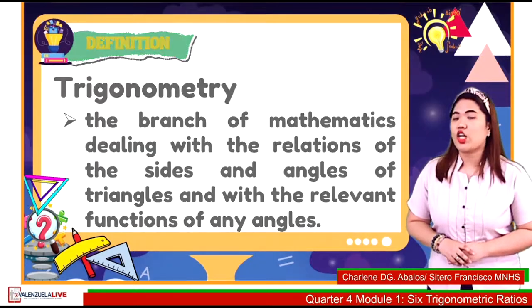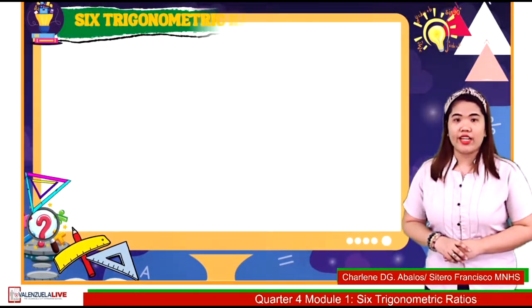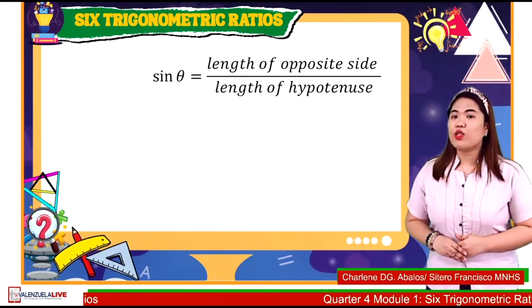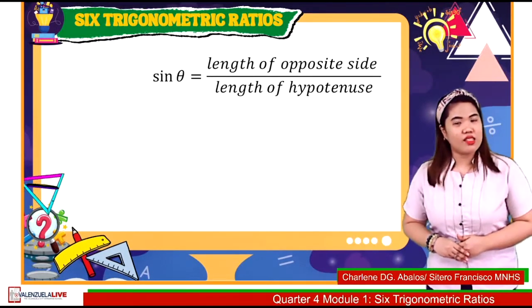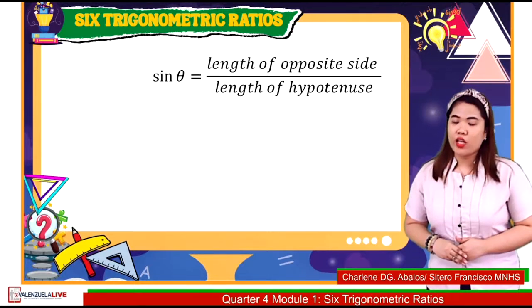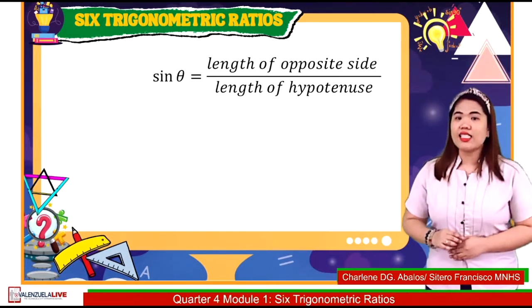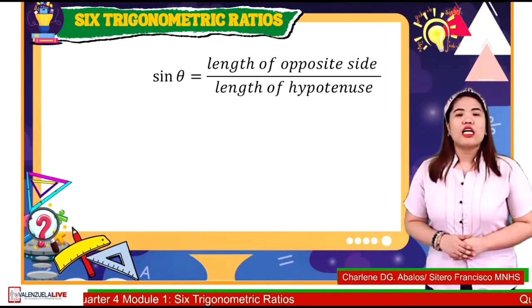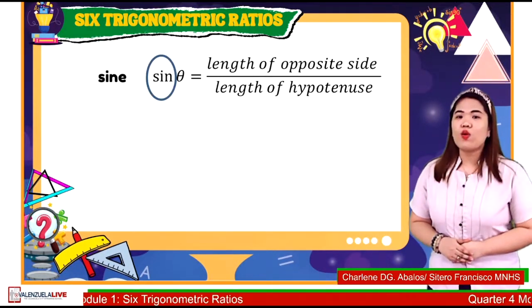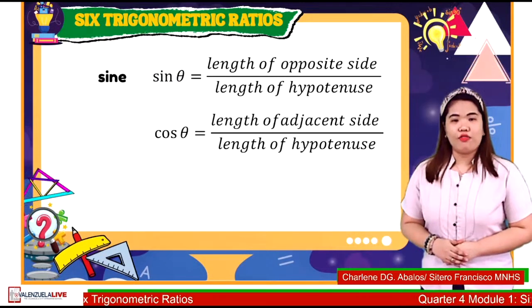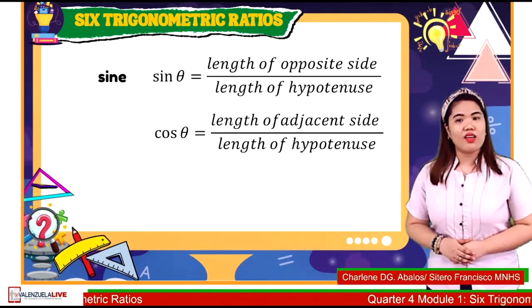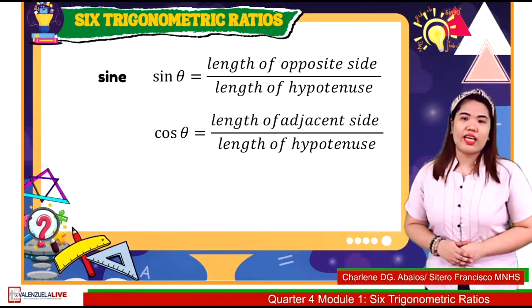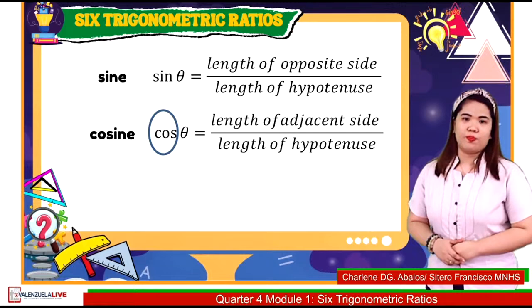There are 6 trigonometric ratios, which are the following: the sine theta is equal to the ratio of length of opposite side to length of hypotenuse, and it is abbreviated as sin. Cosine theta is equal to the length of adjacent side to the length of hypotenuse, and it is abbreviated as cos.